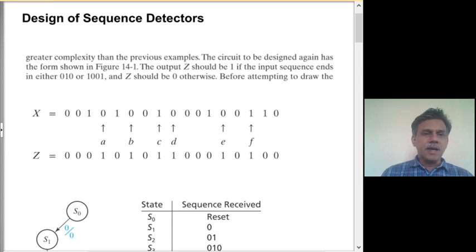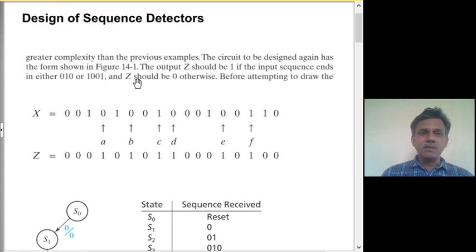So, let us take an example where you have a circuit or a system, a sequential system to be designed, which takes an input, we will call it X, and has an output which we will call Z. The output should become 1 if the input sequence X ends in either of two patterns, one being 0 1 0, the other being 1 0 0 1, anywhere in the sequence.